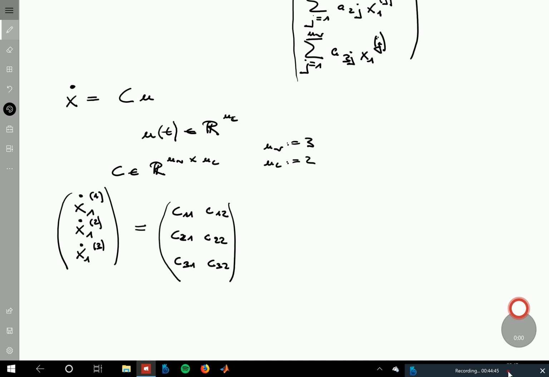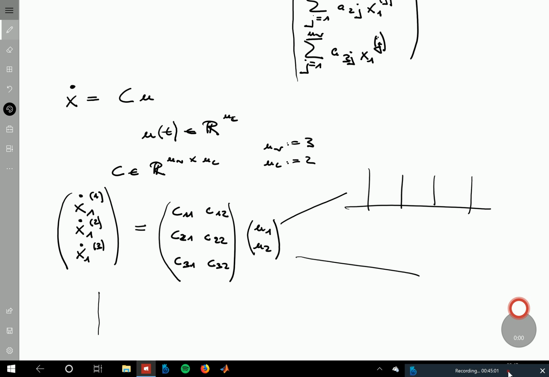Houses and faces, times u1, u2. Remember that these functions here are stick functions. So let's say u1 looks like this, and u2 kind of orthogonal to that. So this is time here. So u2 is on when u1 is not on.